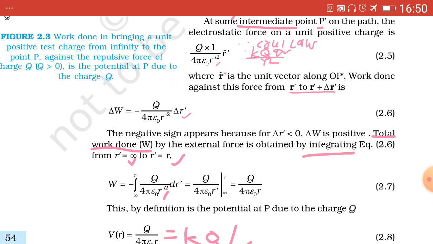Now we calculate the total work done from equation 2.6. Total work done W is obtained by integrating equation 2.6. The limits are from r dash equal to infinity to r dash equal to r.